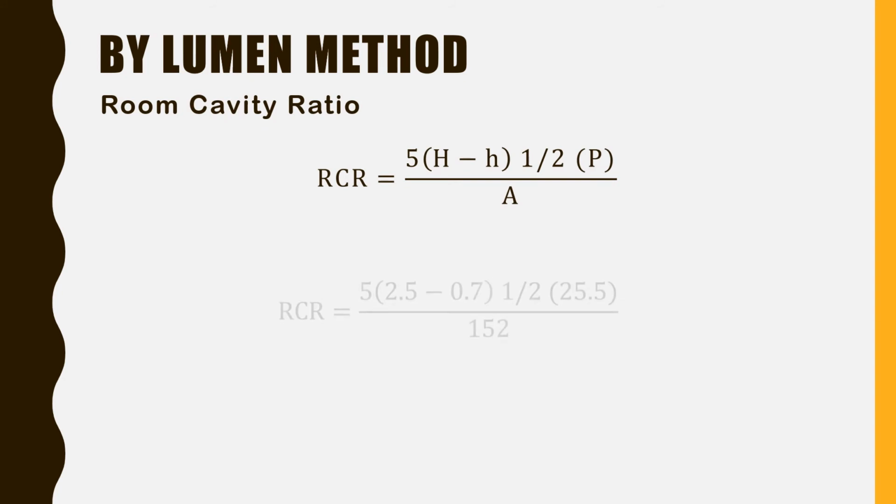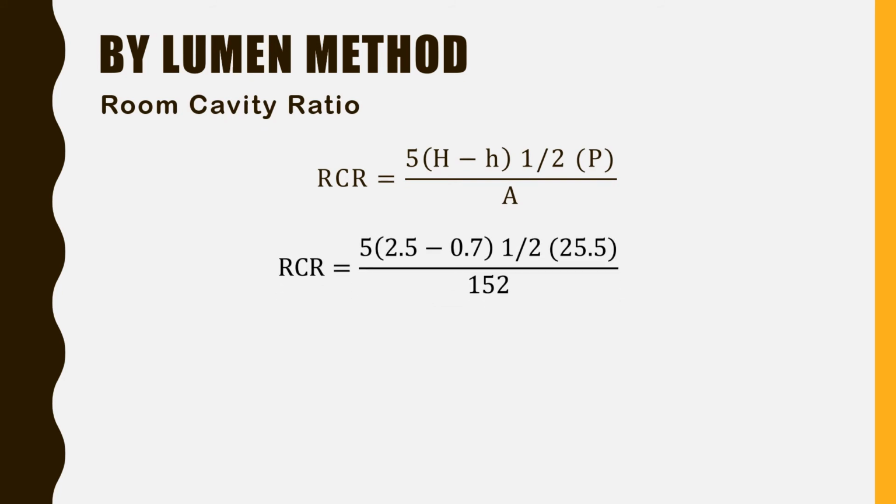So now using the formula, we apply the values as we have given before. 5 times 2.5 meter, this is the big letter H, and the small letter h is 0.7, times 1/2 times the perimeter, which is 25.5 meters, and the area 152 square meters.